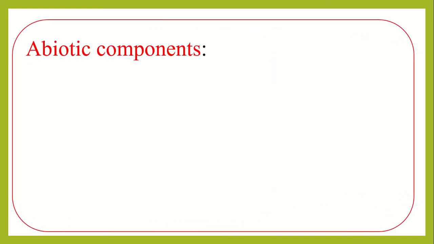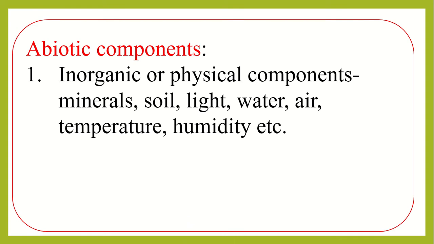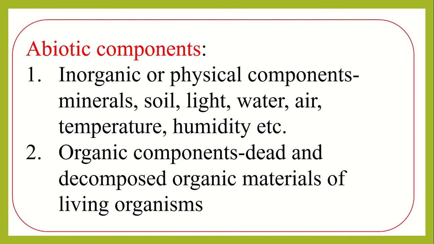Abiotic components are divided into two: inorganic or physical components and organic components. Inorganic or physical components: minerals, soil, light, water, air, temperature, humidity, etc. On the other hand, organic components: dead and decomposed organic materials of living organisms.